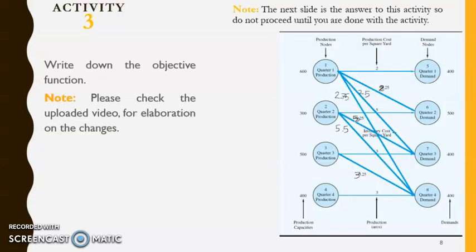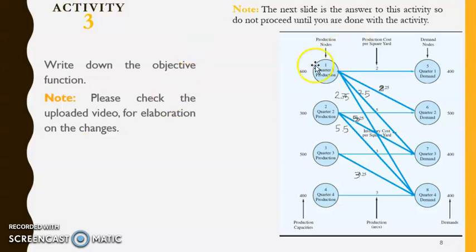In the next activity, it asks you to write down the objective function. Pay attention. When you are writing the objective function, similar to the previous cases that we have had so far, all the decision variables must be involved. 10 decision variables.